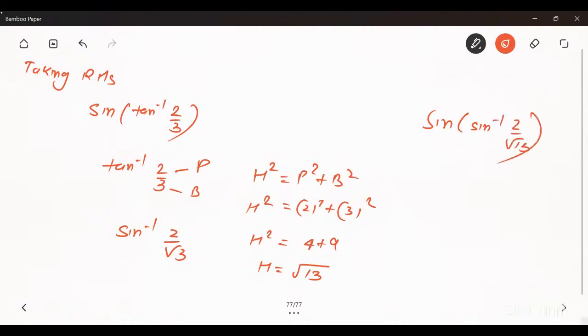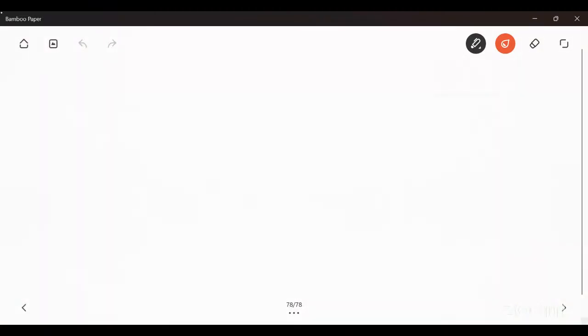So sine of sine inverse 2 by root 13 is equal to 2 by root 13, which is equal to our LHS. Hence we have proved that cot of sine inverse root 13 upon 17 is equal to sine of tan inverse 2 upon 3.